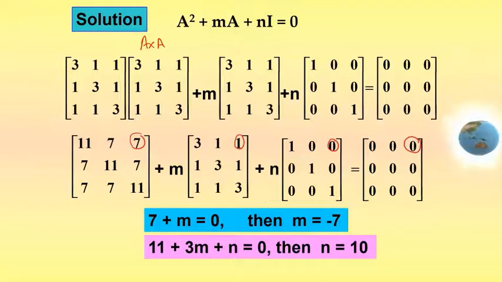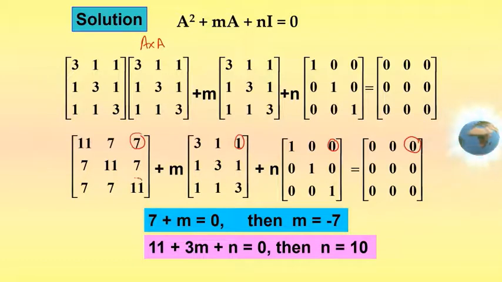And then in order to find n, n comes from this side, so we can choose diagonal or non-diagonal entries. We have to choose diagonal entries because we need n. So we can take this one, for example, 3 3.